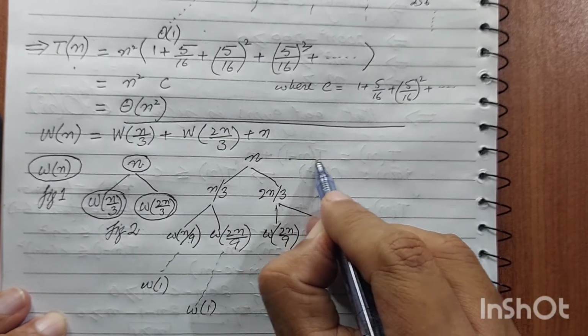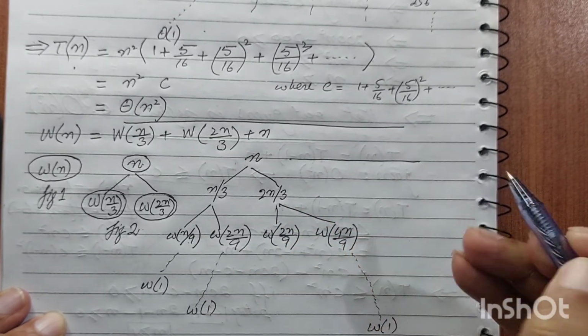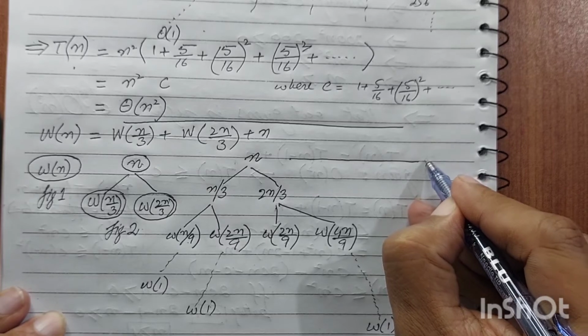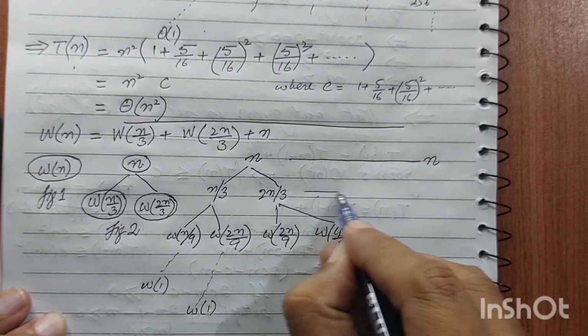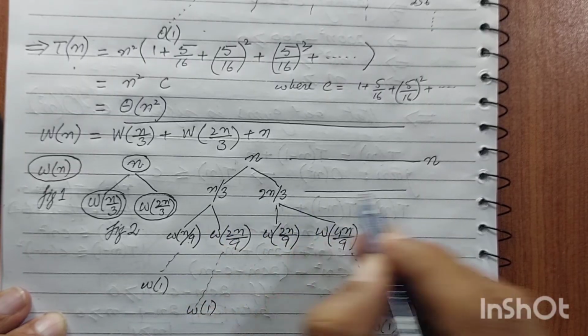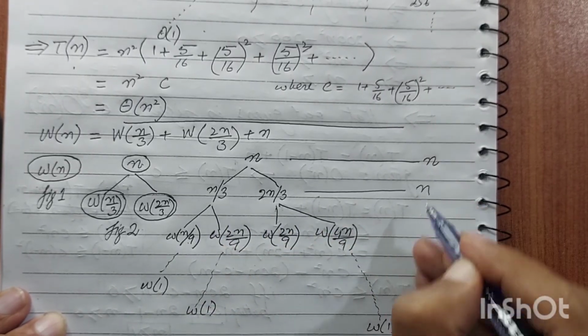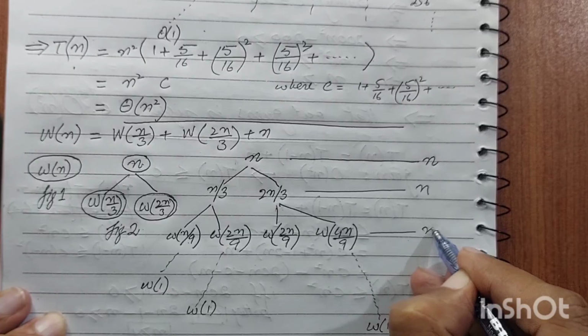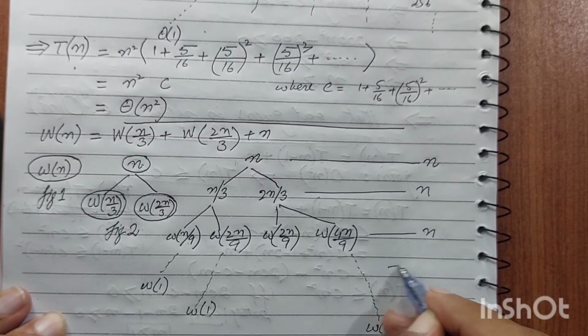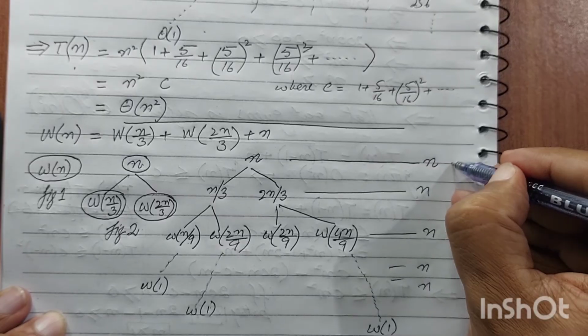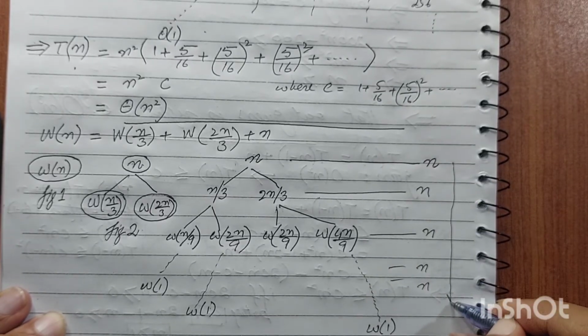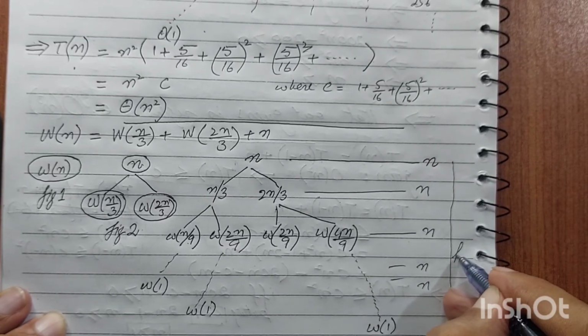So calculating the time complexity at each level. So this is n by 3 plus 2n by 3, that is again n. So if you resolve it, this is again n, and just keep on giving you n's. So what we need to know is how many n's are there. So that is the height of the tree.